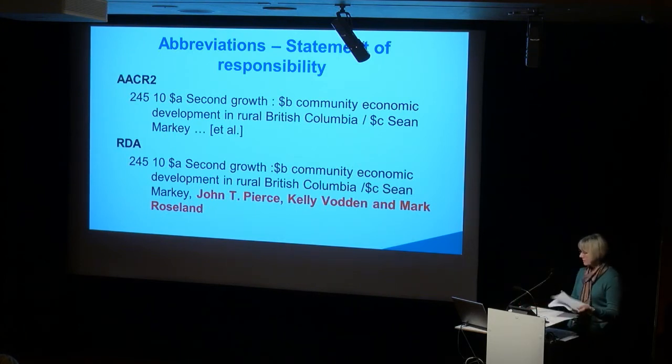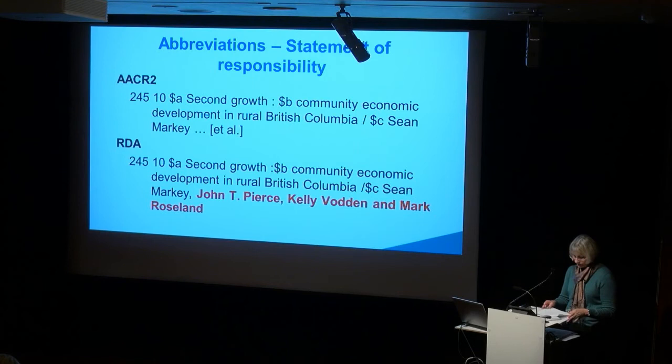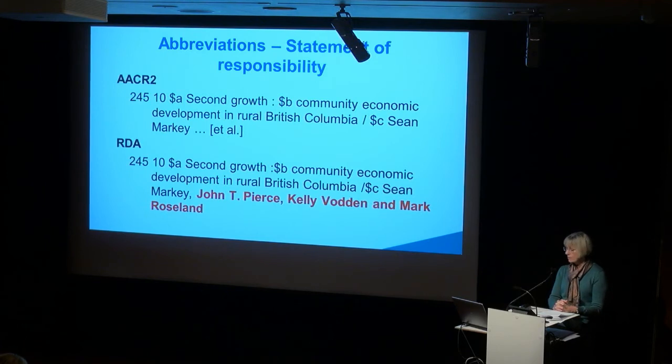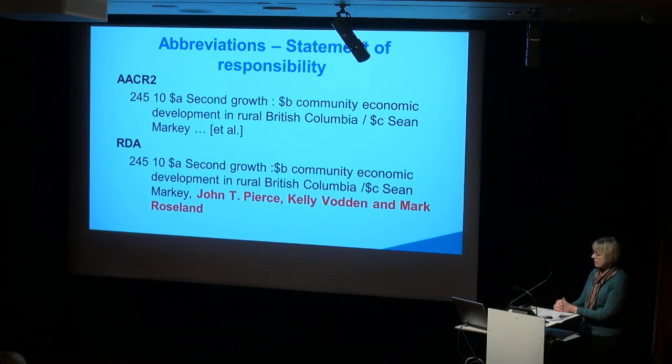Statements of responsibility. Here we've used in the AACR, we like our et al, and that always made life easy for us. And we would give the first named person just an added entry. And now we will put them all out in full in the statement of responsibility.